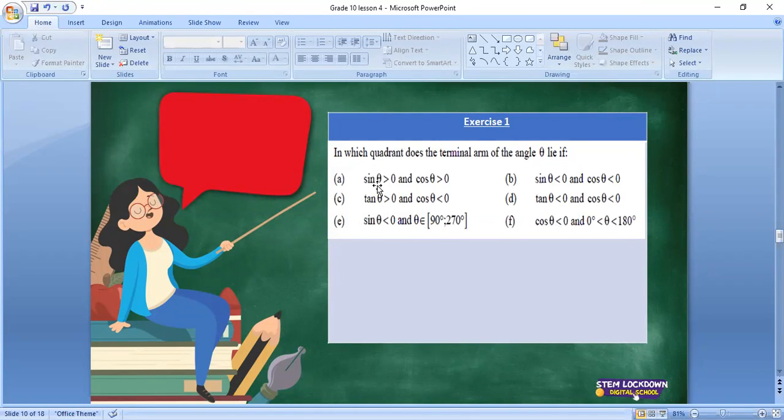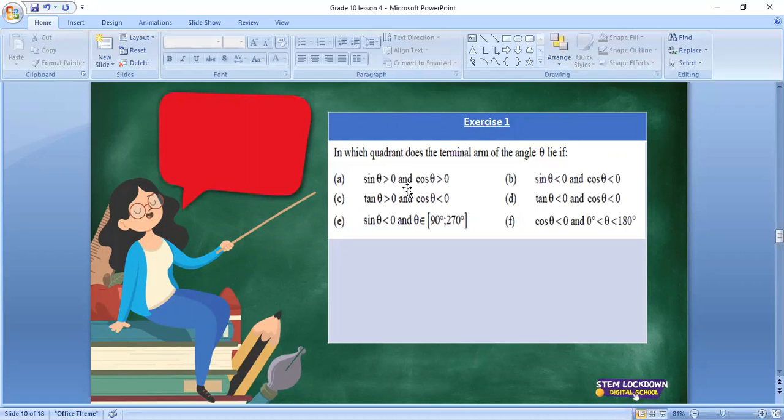And don't forget, when you say which quadrant has sine theta positive and cos theta positive, that means at the same time. Which quadrant has the two positive at the same time? So the first quadrant.